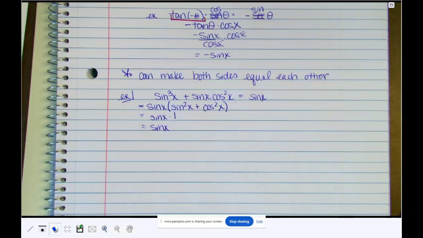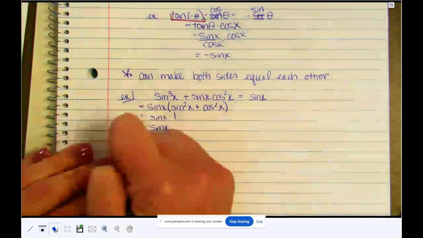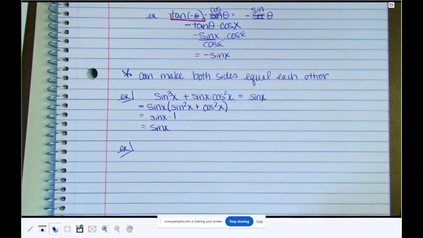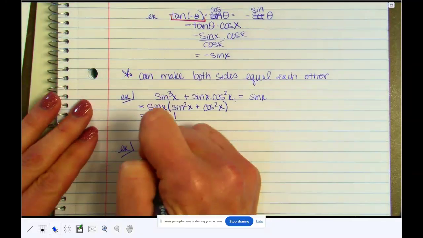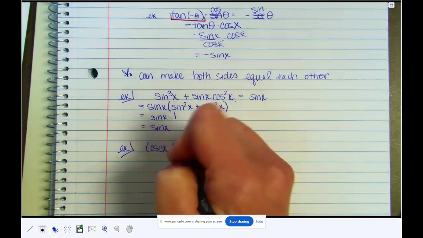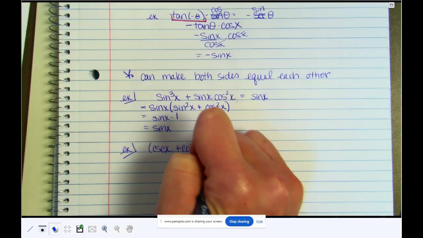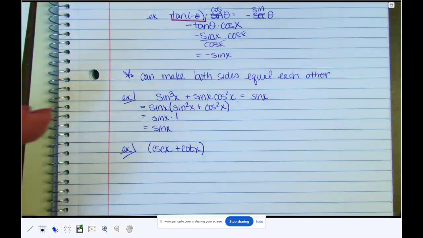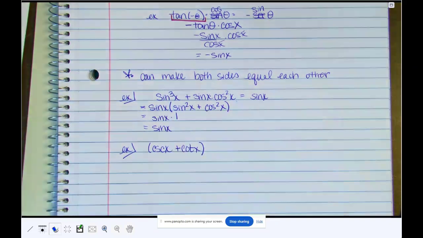Let's do this one. This one's going to be significantly longer. I mean, it's not like pages and pages, but so cosecant x plus cotangent x times cosecant x. Ugh. I feel like that's wrong. Just a second.